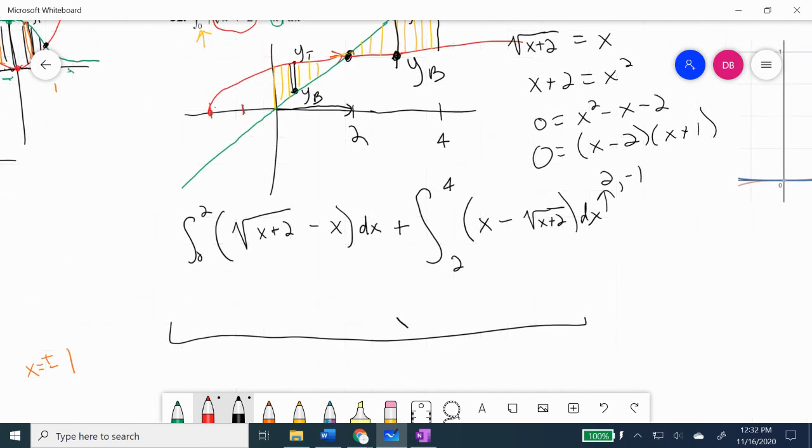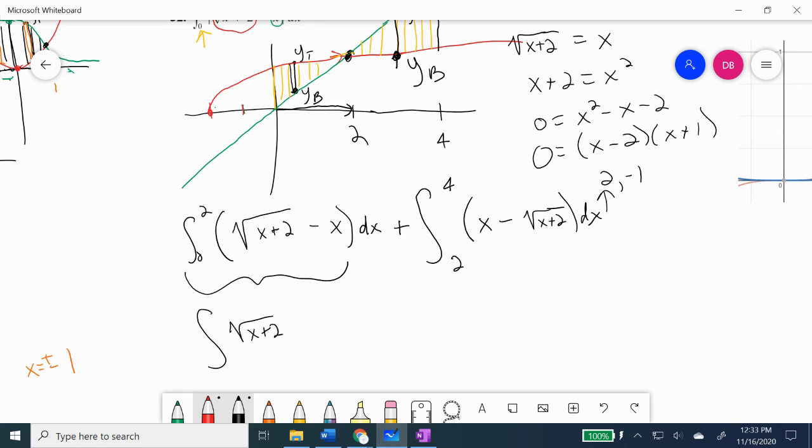And I will solve one of these two integrals for you because they're pretty similar. If I solve this one, I need to do a u substitution with the x plus 2 under the root, but I don't want to do a u substitution with the second term that is x.